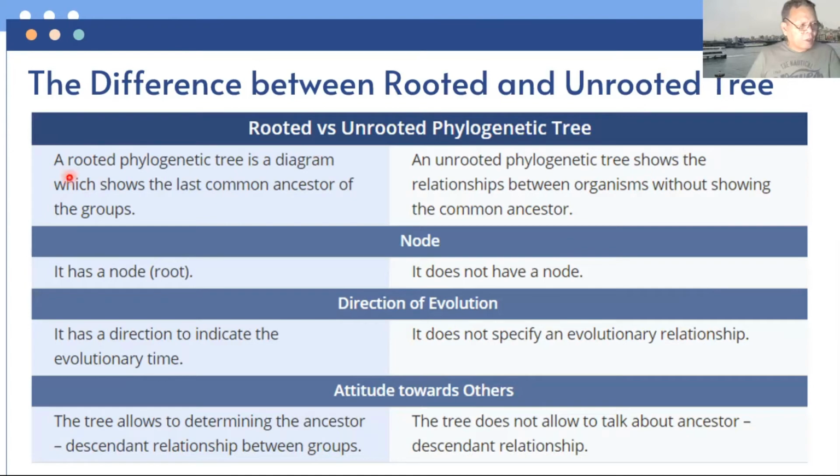A rooted phylogenetic tree is a diagram which shows the last common ancestor of the group. In this case, unrooted phylogenetic tree shows relationship between organisms without showing the common ancestor. This is the node. This is direction of evolution, and this is the attitude toward others.